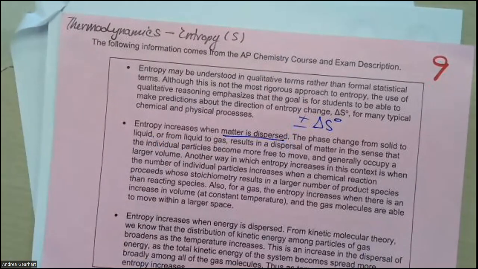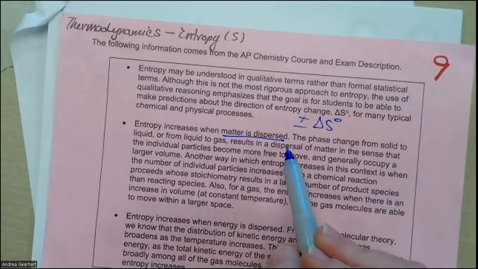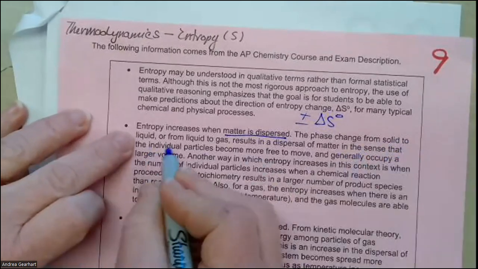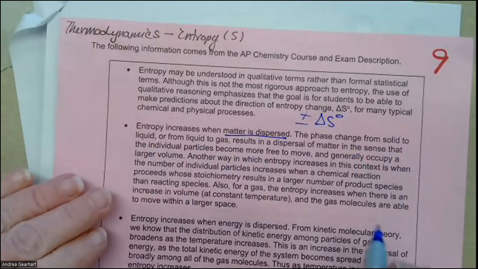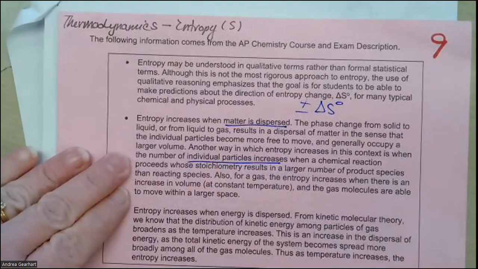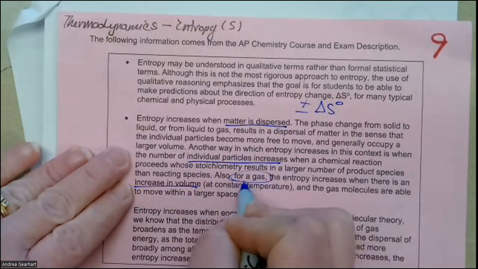So there's that more modern term, instead of saying when matter is made more chaotic, made more random. So when we're doing a phase change of solid to liquid, liquid to gas, or if we're increasing the number of particles, or an increase in volume for a gas.